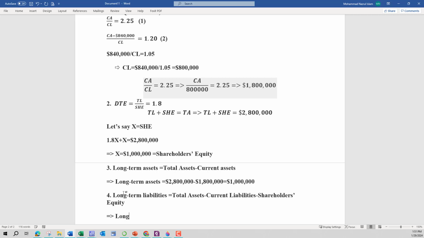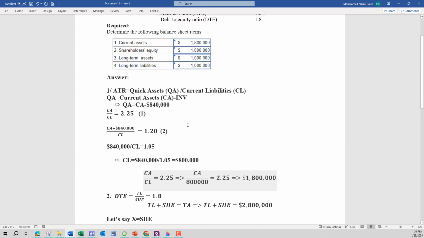So long-term liabilities is equal to 2,800,000 minus 800,000 minus 1 million, which is equal to 1 million. Okay, I hope you got it.